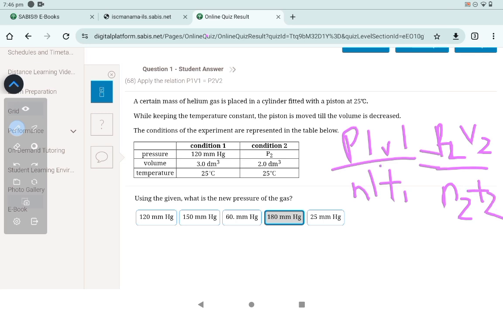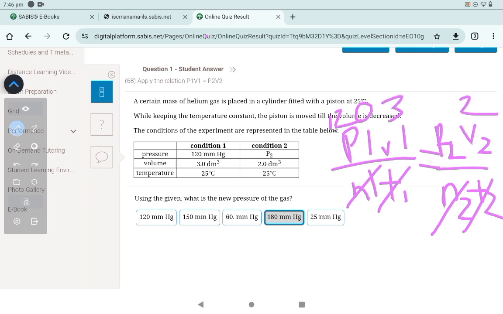It's in the same container, so we can cross out N1 and N2. P1 is 120, P2 we don't know, and T1 and T2 stay the same, so we can cross that out too. V1 is 3 and V2 is 2.